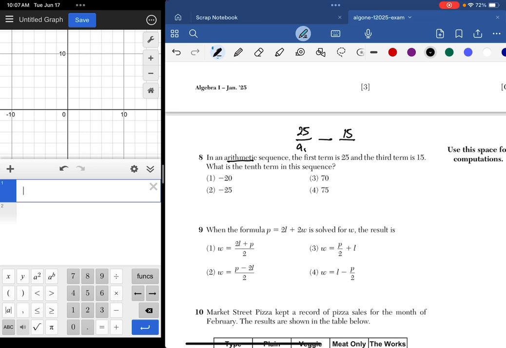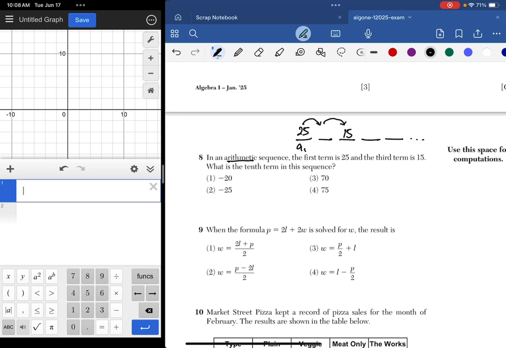All right, so one way to do it would be to write the rule. The other way to do it would be just to kind of count it out. Either way, you need to know what it's going to take to get from here to here and then here to here. And it's got to be by adding or subtracting the same number. That's how arithmetic sequence works.